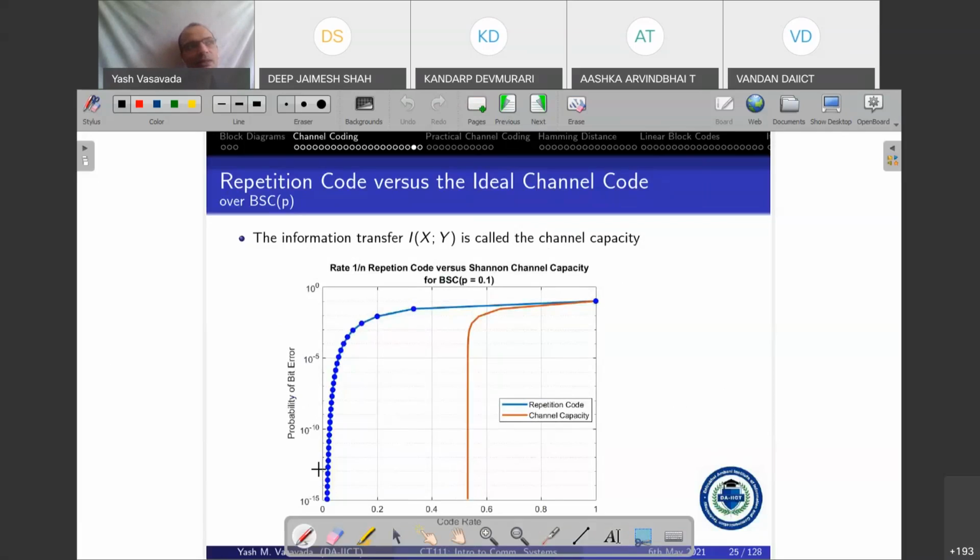Instead of repeating a bit 63 times, instead of buying a memory which is 63 times as large, you need to buy a memory which is maybe just twice as big. So that is the magic of channel coding. Okay, so we'll end today's lecture here.